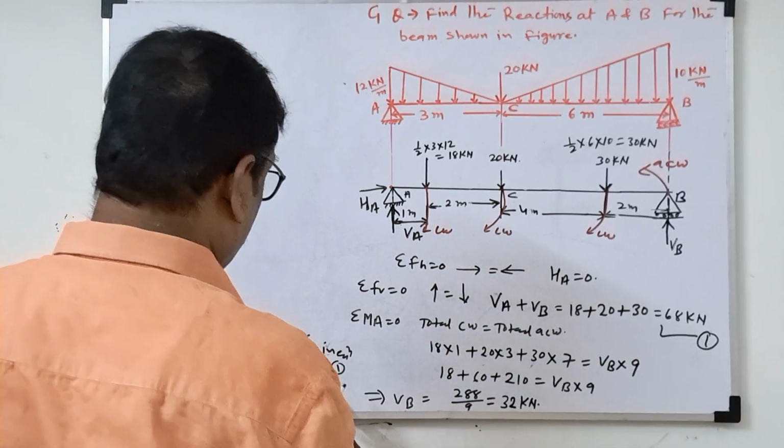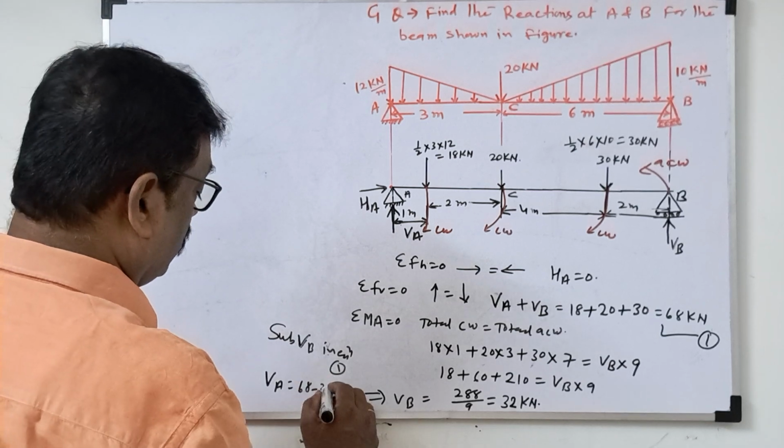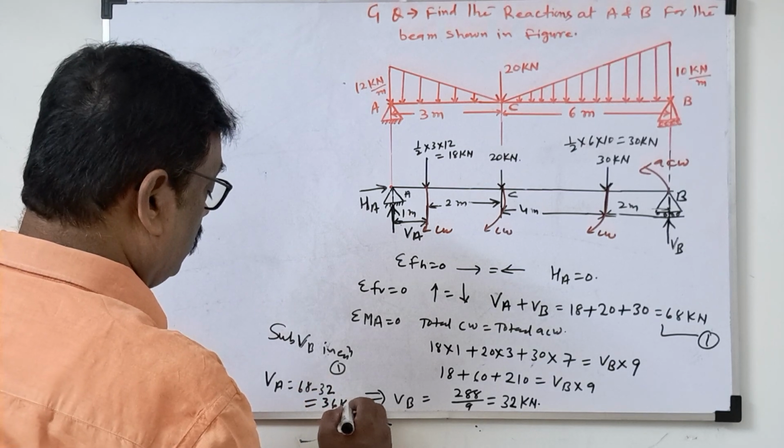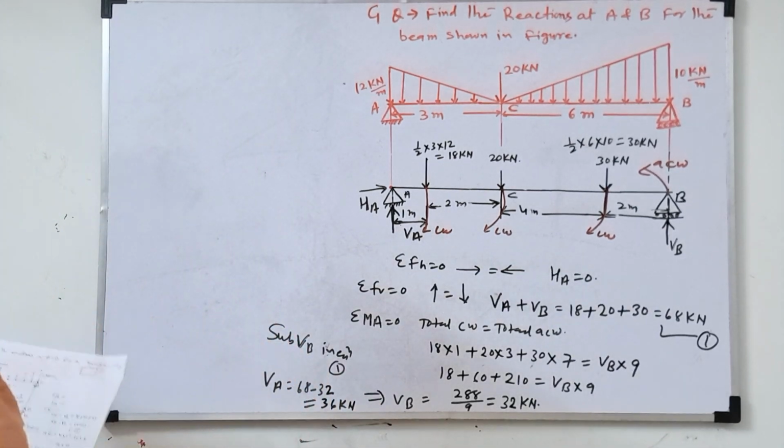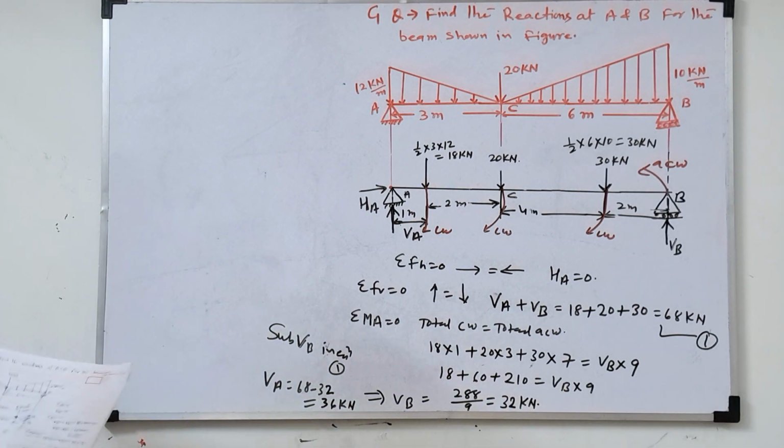So VA is coming 36 kilonewton, and VB will be 32 kilonewton.